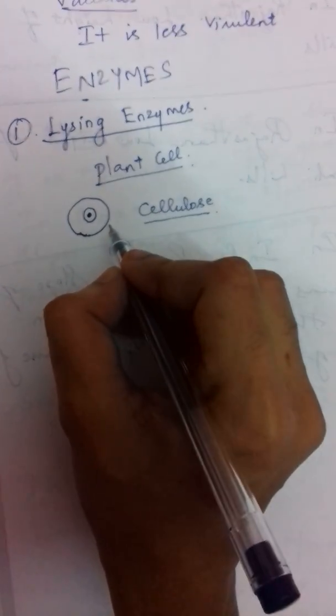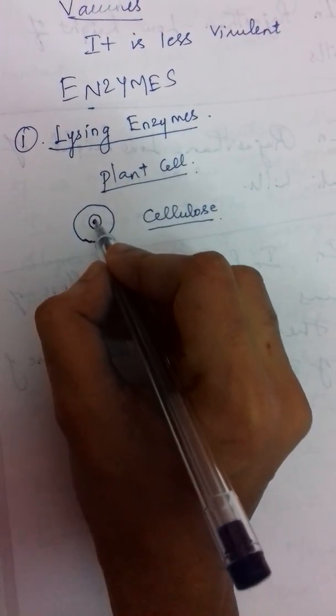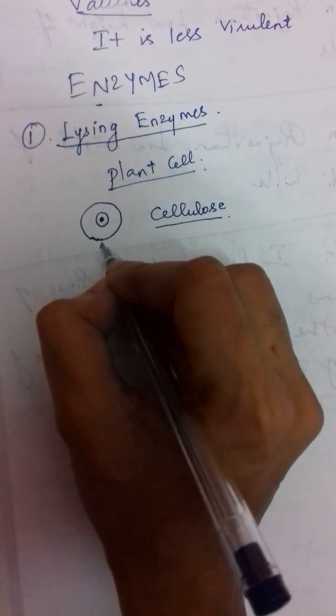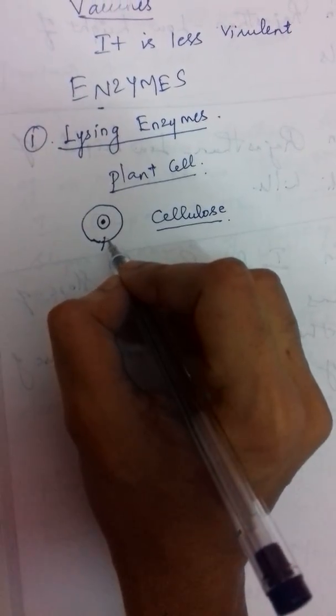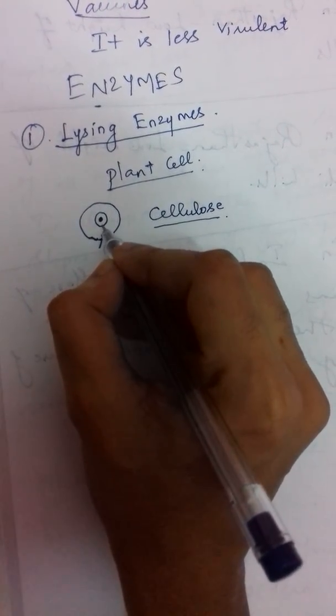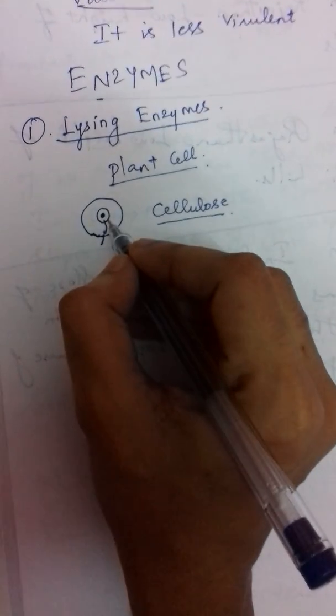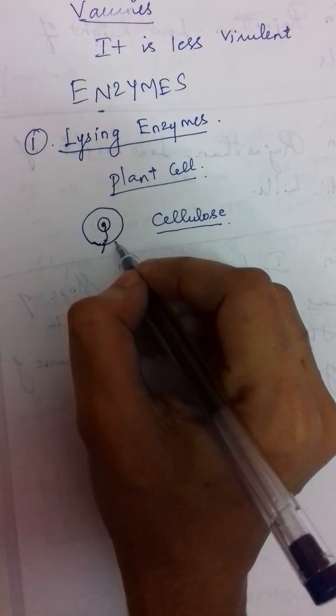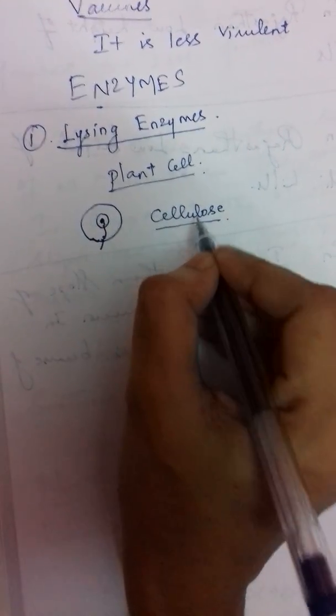The idea is we have to reach the DNA, so first we have to enter inside the cell wall, then the plasma membrane, and then we can reach the DNA. The cell wall of the plant cell contains cellulose, so we have to digest it.